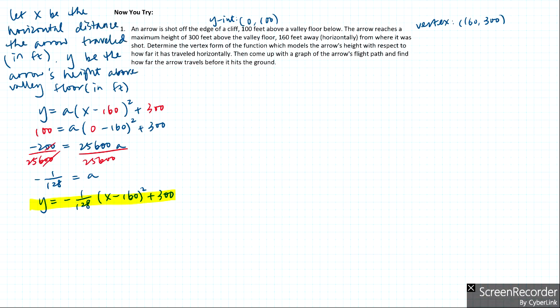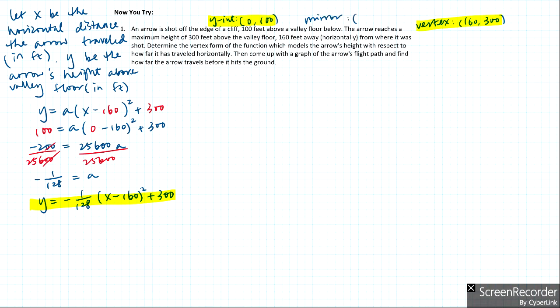Now to create this graph, we want to find enough points so we can create a precise graph of the path this arrow traveled. Already we have the y-intercept and the vertex, so we can find the mirror point of the y-intercept across the vertex.